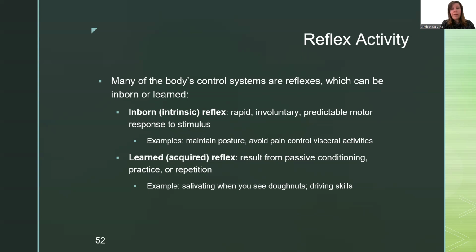A learned or acquired reflex is like salivating when you smell food, right? It's a learned skill, or like driving skills. It's something that can be learned, and it's usually not quick. It takes practice and repetition and conditioning.